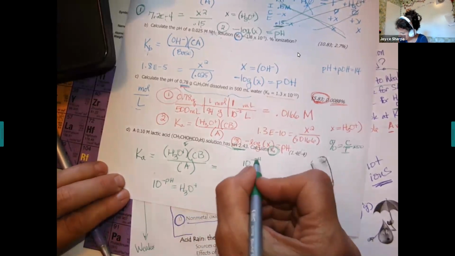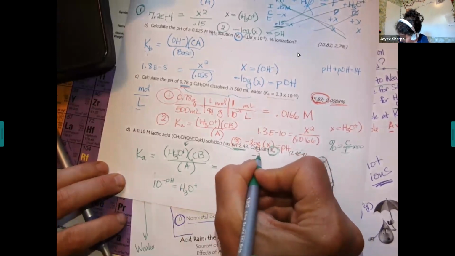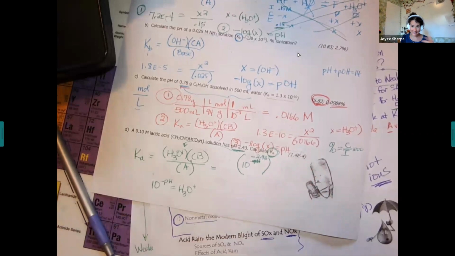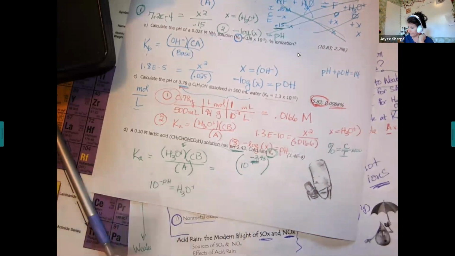So stating the formula, what I do here is I just write 10 to the negative 2.43. I personally just leave it like that, and I don't really care what that number is. What I have found is about half of you mathematically are perfectly fine with that, and about half of you, your brain's like, I cannot handle an exponent that's not a whole number. So then punch it in your calculator and find what that number is.